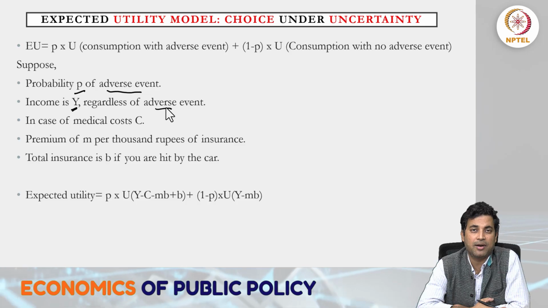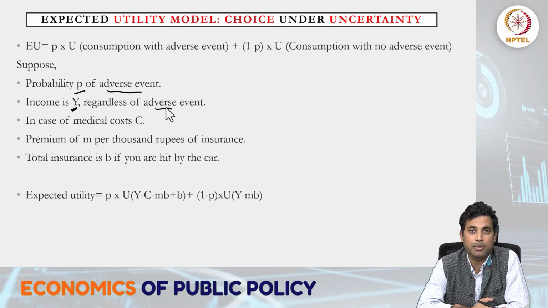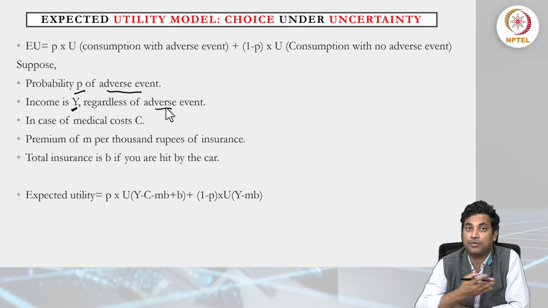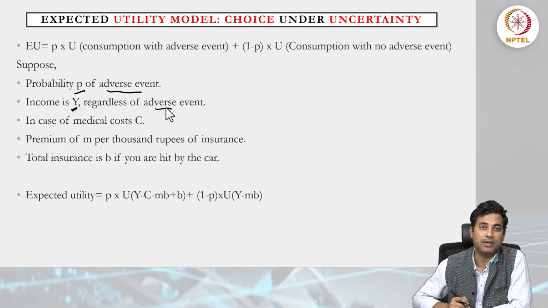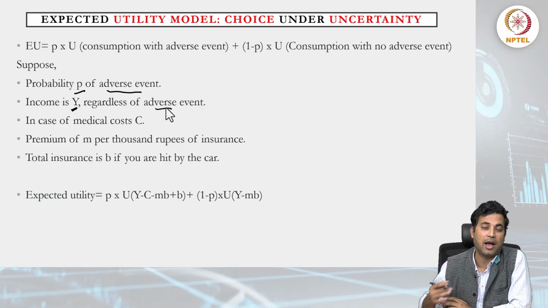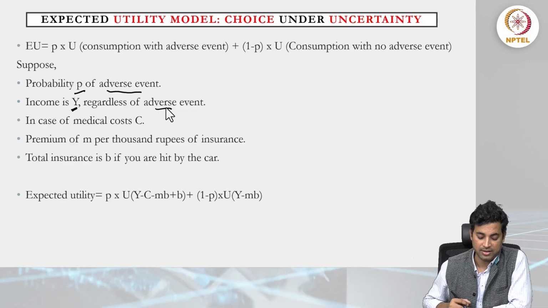Even if I'm going to a gym or swimming, I may take some extra insurance which will cover any sort of adverse event that I may face due to externalities.